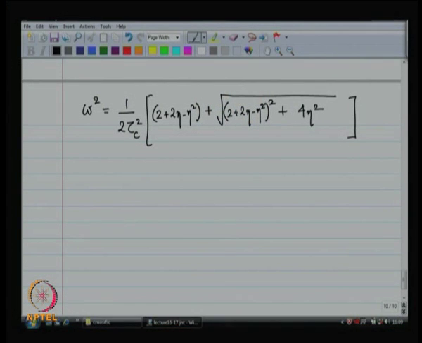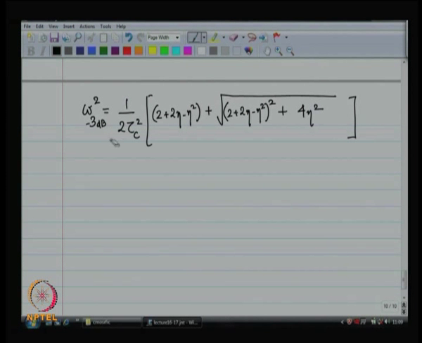Fine. Now, suppose I want to maximize my bandwidth. This is the bandwidth. The original bandwidth was 1 by tau c, remember.